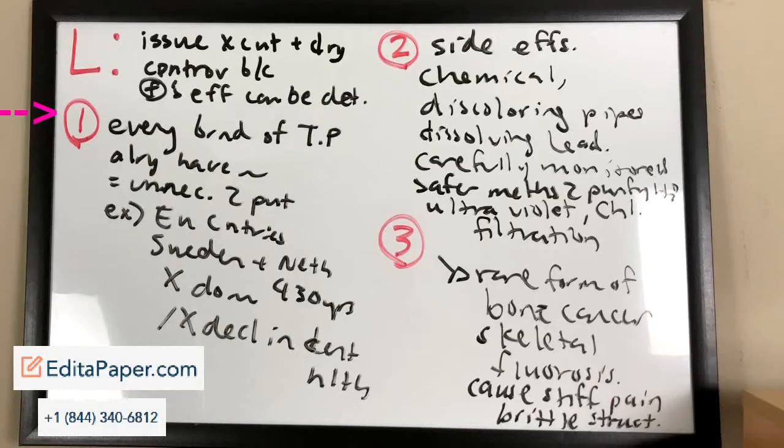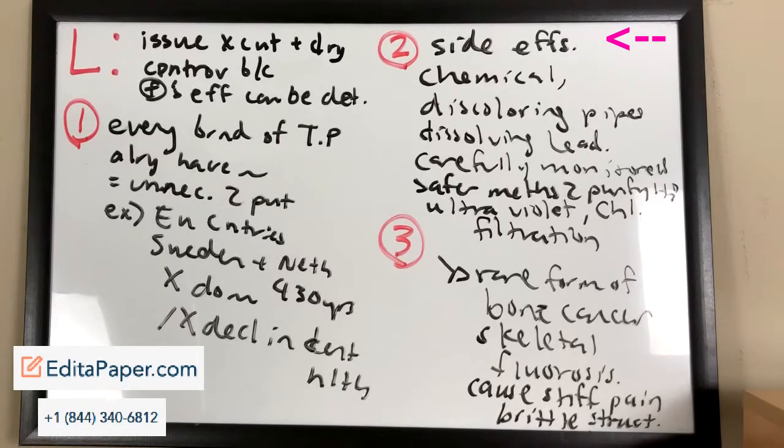For instance, many European countries like Sweden and the Netherlands have not added fluoride into their drinking water for 30 years, but have not experienced any decline in dental health. Okay, now the second argument says there are many harmful side effects to adding fluoride in drinking water.